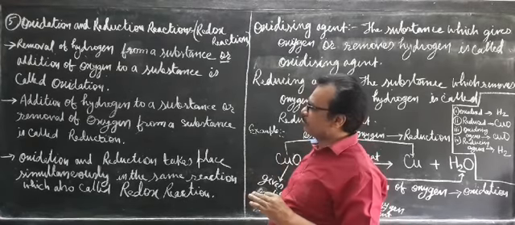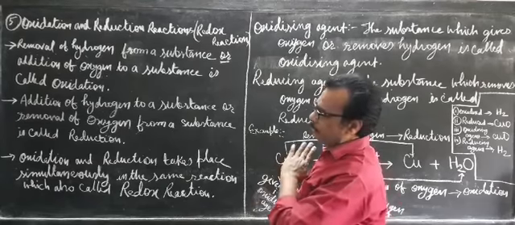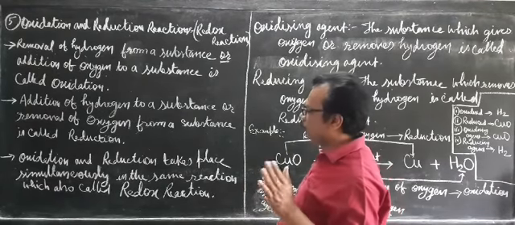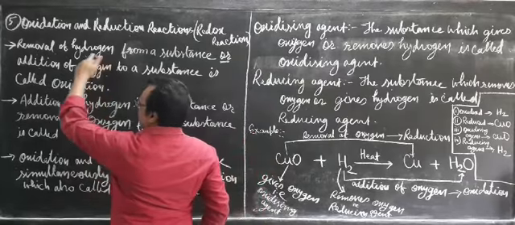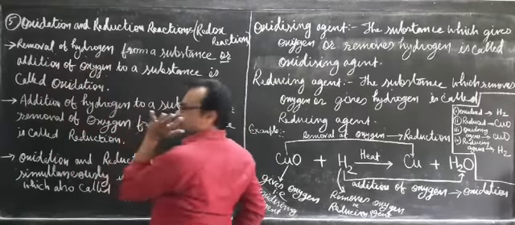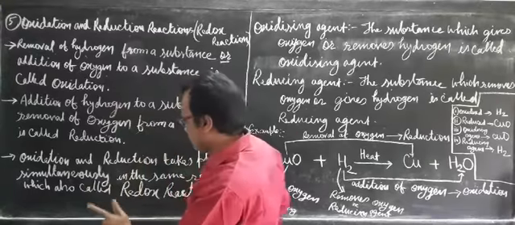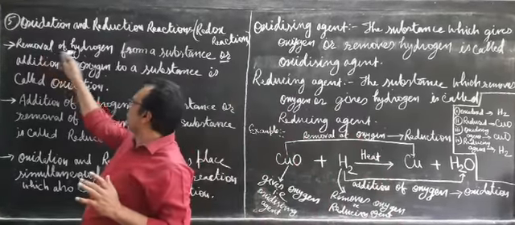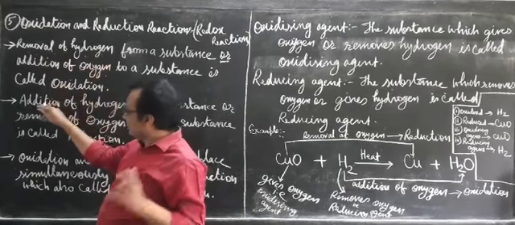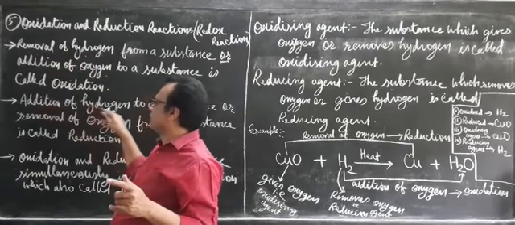For all practical purposes, if you take any chemical reaction, you will find that if there is a removal of hydrogen, then in the same reaction there will be addition of hydrogen.